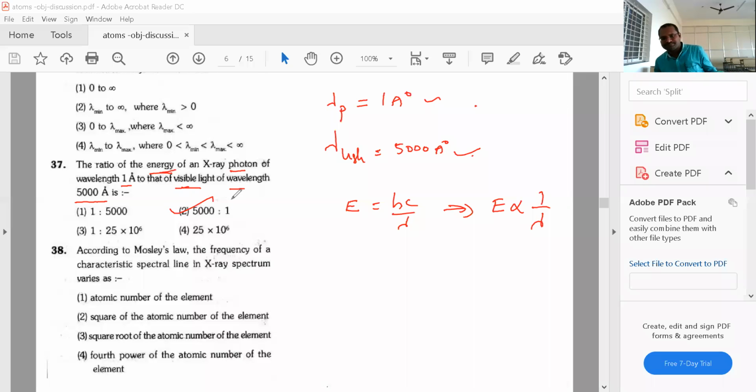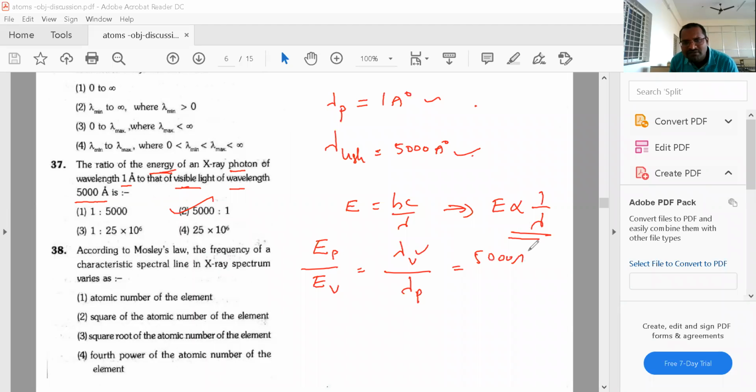We can give the answer orally. The energy of photon to energy of visible light can be written as lambda of visible light by lambda of photon, because it is inversely proportional. Lambda of visible light is 5000 and photon is 1 angstrom. Angstrom cancels, so it is 5000:1. Yes, option 2 is the right answer.